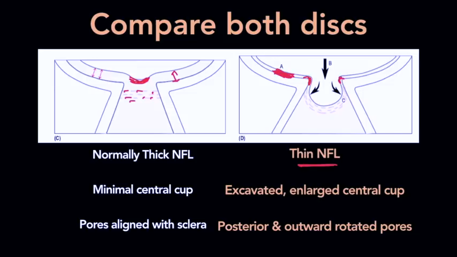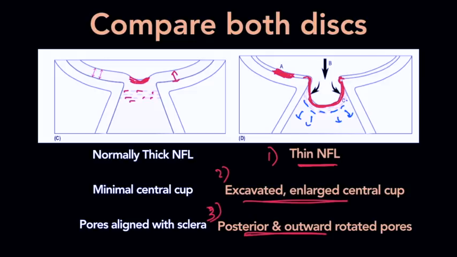So there is a thin NFL, and a large excavated depression in the central cup, so it's an excavated and enlarged central cup. And you can see there are posteriorly and outwardly rotated scleral laminar pores. So always remember these three. These three are the typical histopathological features of a glaucomatous disc.